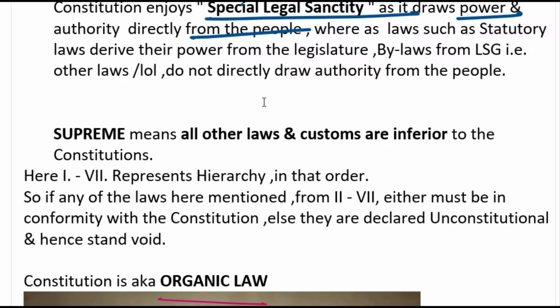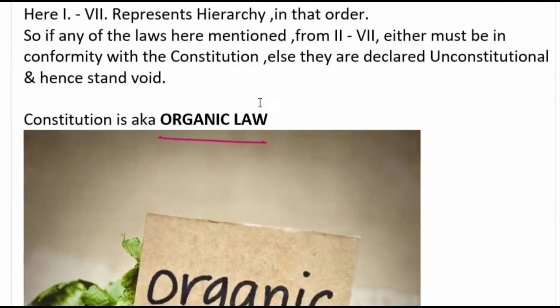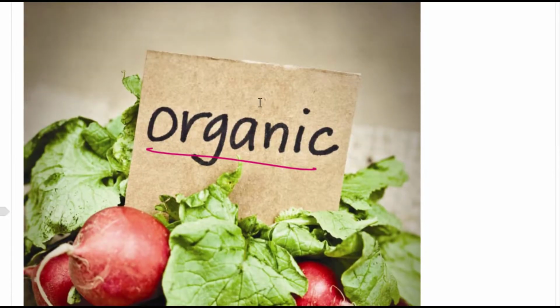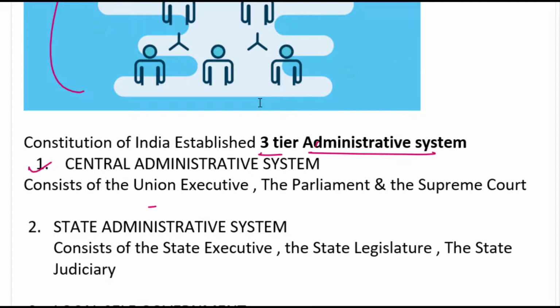And the Constitution is an organic law. Organic means it establishes an administrative structure. And we understood that the Constitution not only creates, but empowers as well as regulates the three organs of the state.